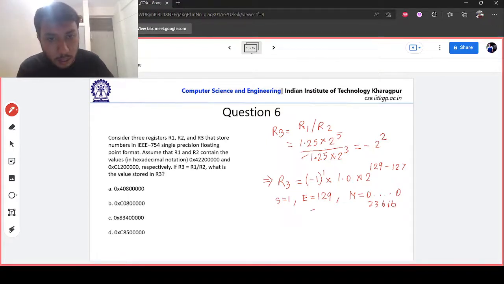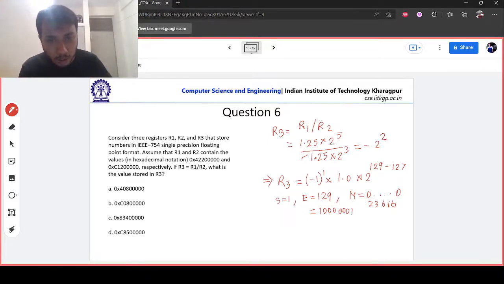So this 129 can be written as 10000001. Correct? This is how we can write 129.